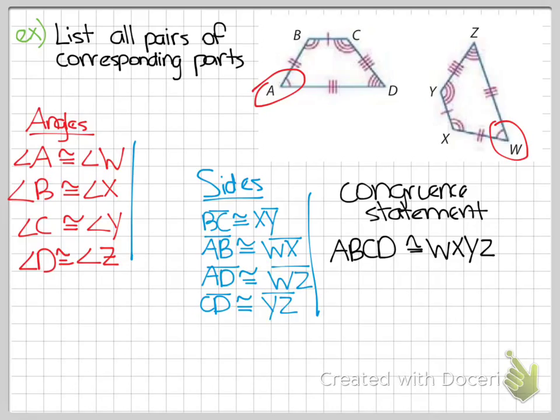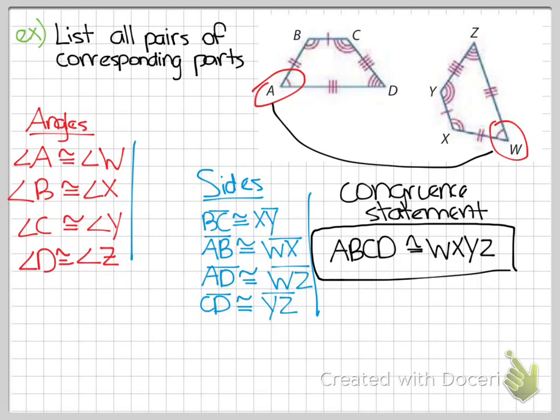Now I want to talk about that congruent statement a little bit more. When you are writing one from scratch, like we just did, they have to pair up to the angle they go with. So A and W have to be in the same spot. B and X have to be in the same spot. C and Y have to be in the same spot. And D and Z have to be in the same spot. Otherwise, the order isn't important.